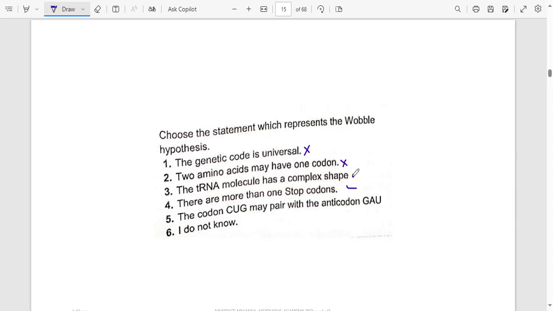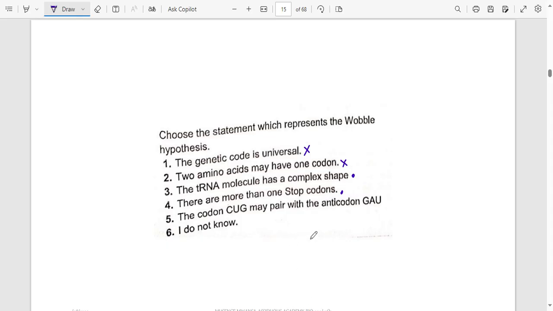I'll put a dot for you, because I know you don't. And then there are more than one stop codons. Does that explain the Wobble hypothesis? Okay, I'll put a dot there also. The codon CUG may pair with the anticodon GAU. Is that true?